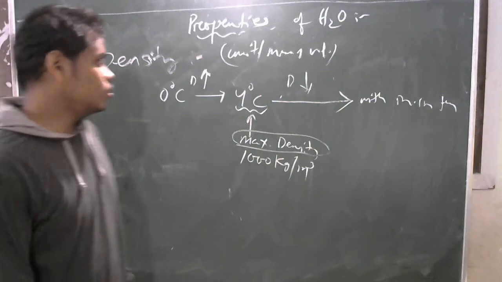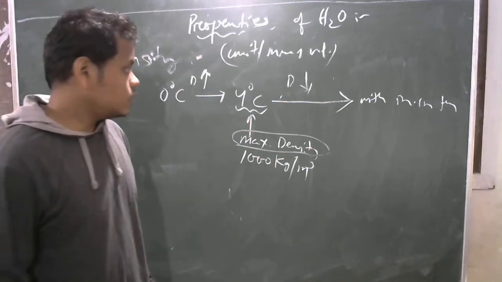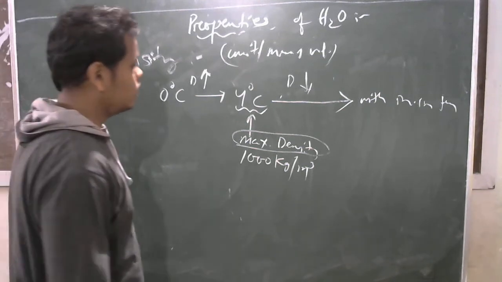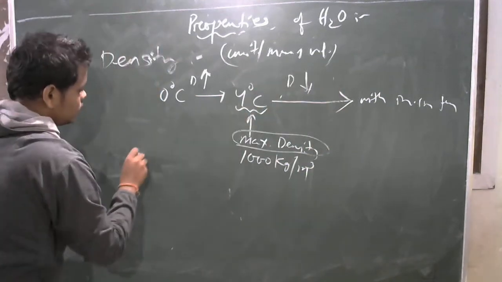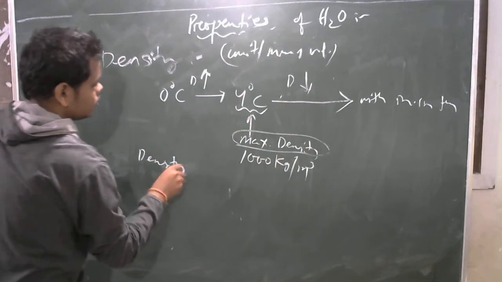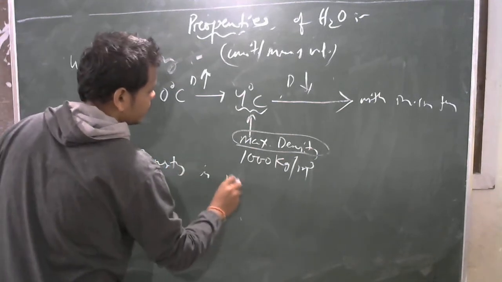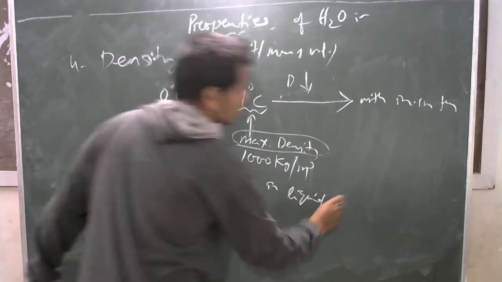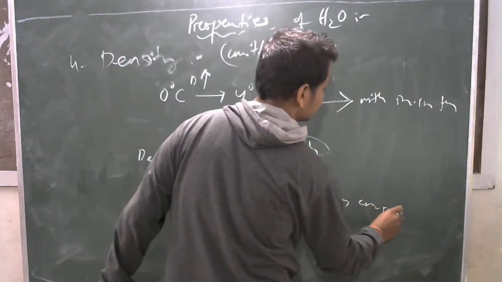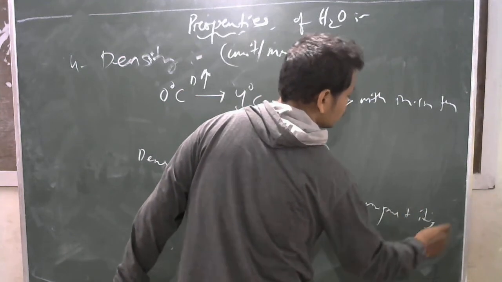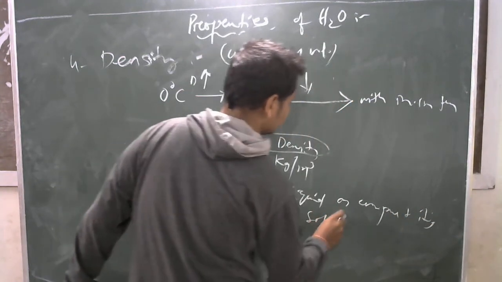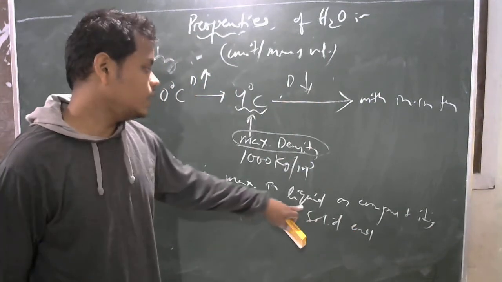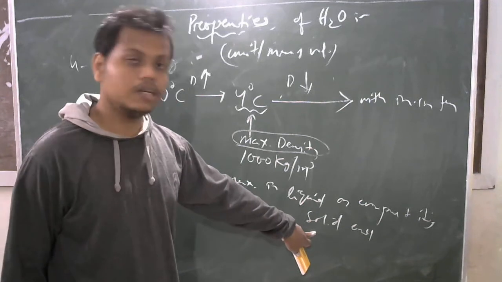Water is a chemical whose density is maximum in its liquid condition as compared to its solid condition. That means water has maximum density in liquid condition as compared to the solid, that means ice condition.